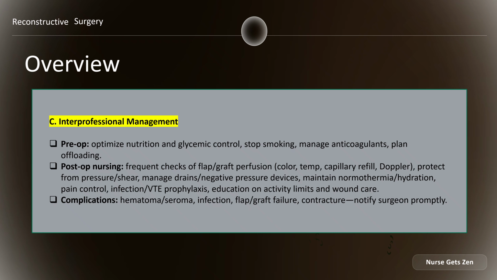Nursing teaching for everybody, for the family and the patient: the importance of following the prescribed diet. The hyper-metabolic state of wound healing requires supplementation of protein, energy, carbohydrates, fluid, and vitamins and minerals.